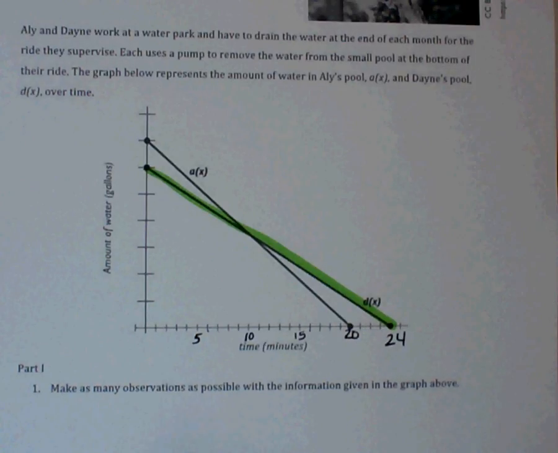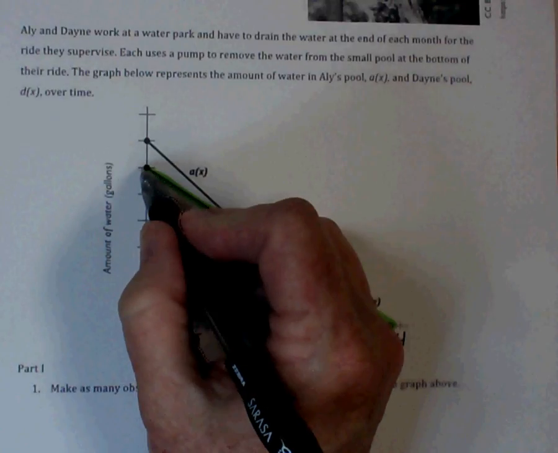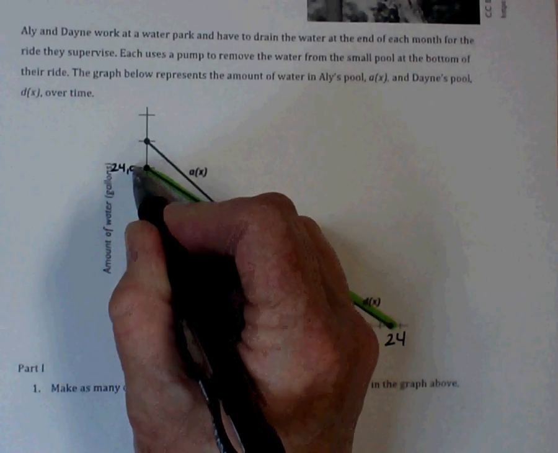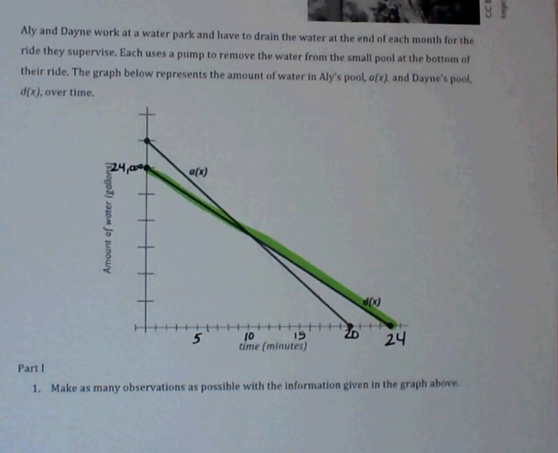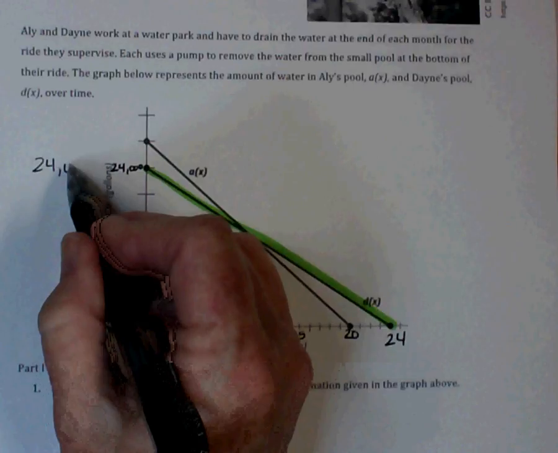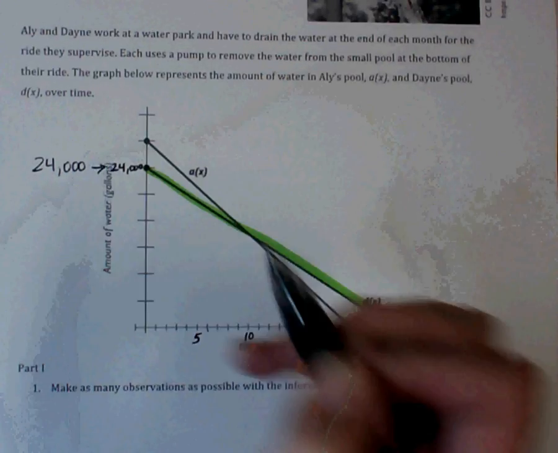So then we figured out, okay, this right here was 24,000, so you know what I'm talking about.